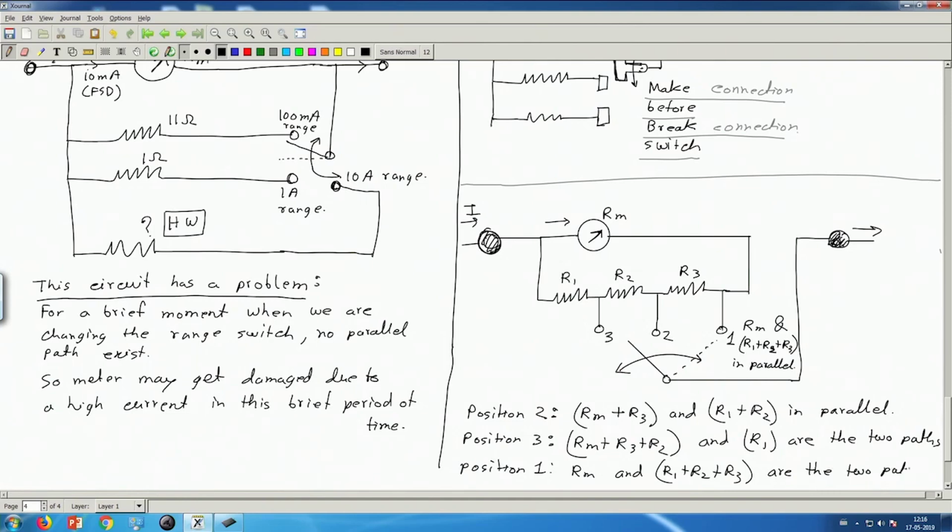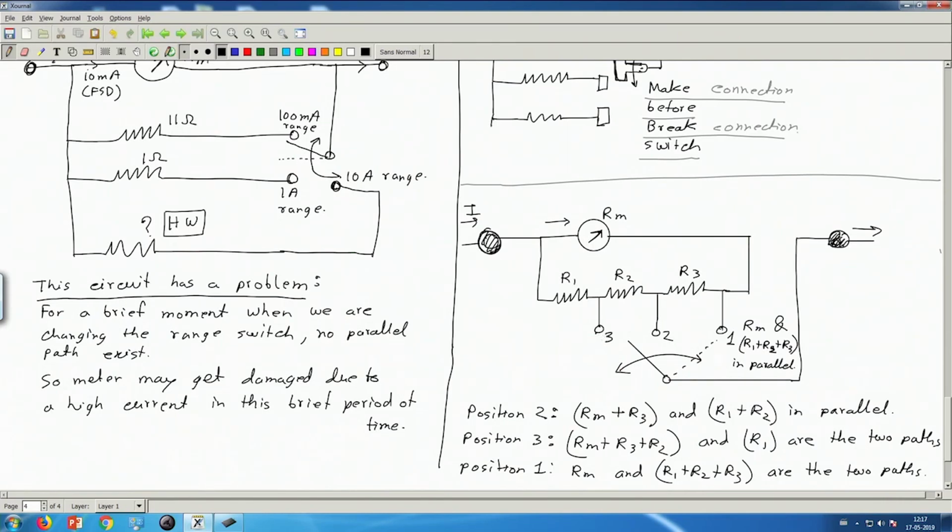You see that if I connect the meter to position 3, then the shunt path, the path parallel to the meter, has a lower resistance, and the meter path has Rm plus R2 plus R3.